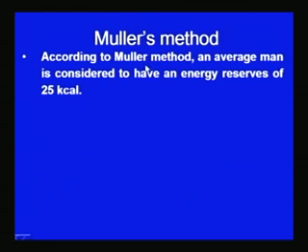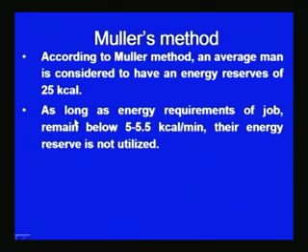According to the Muller method, an average man is considered to have energy reserves of 25 kilocalorie, and these energy reserves are not used until the energy consumption of the work goes beyond a certain limit.